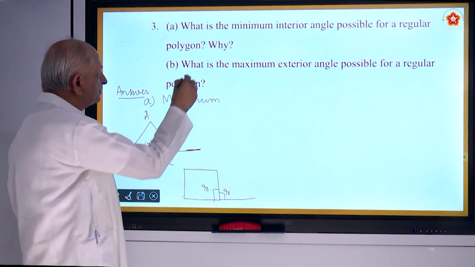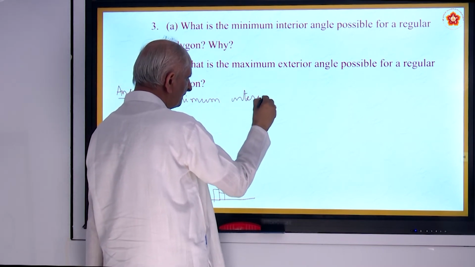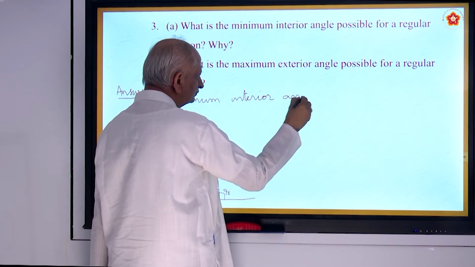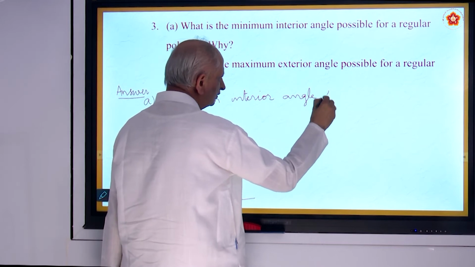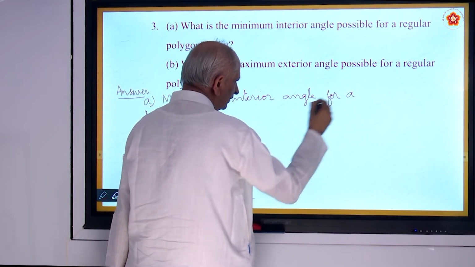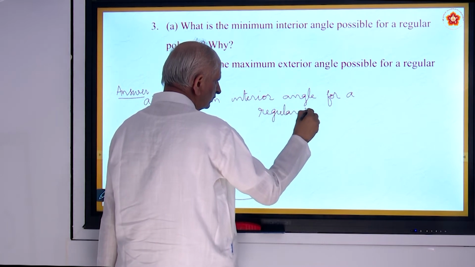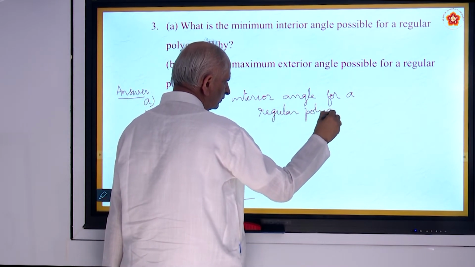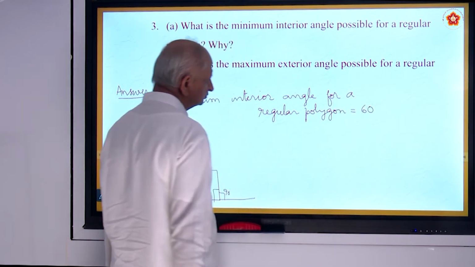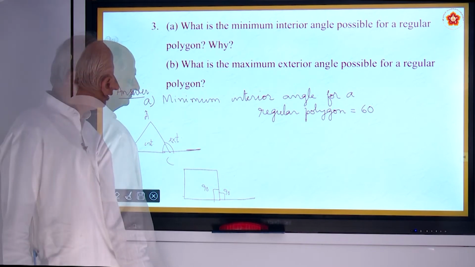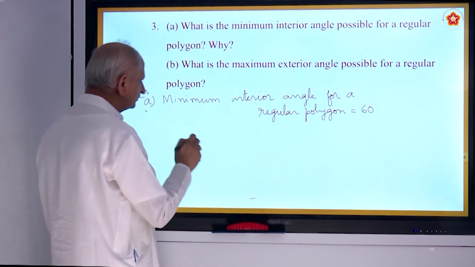Now here, the minimum interior angle for a regular polygon is equal to 60 degrees.